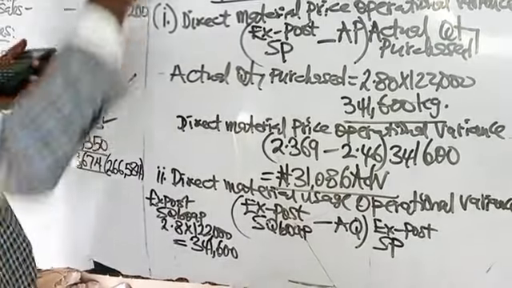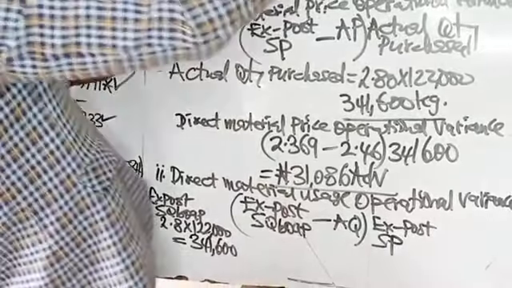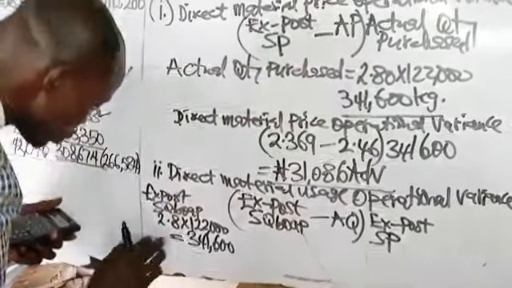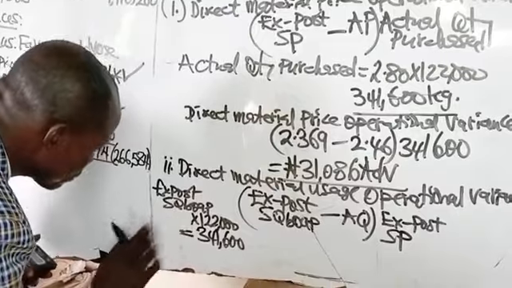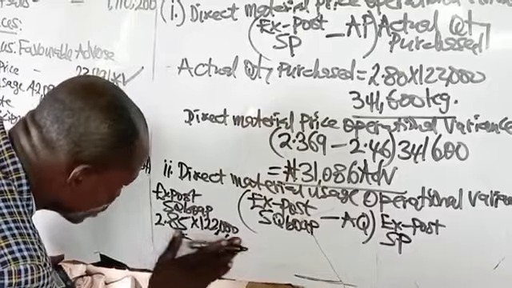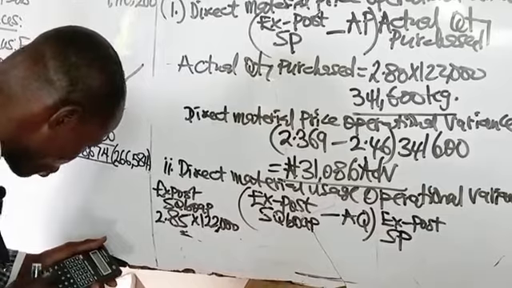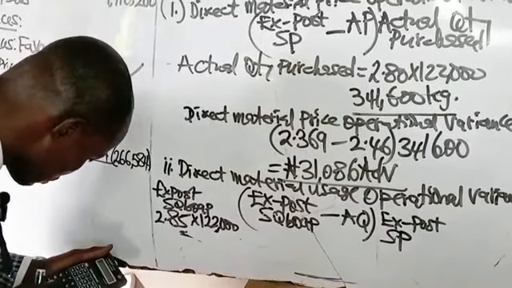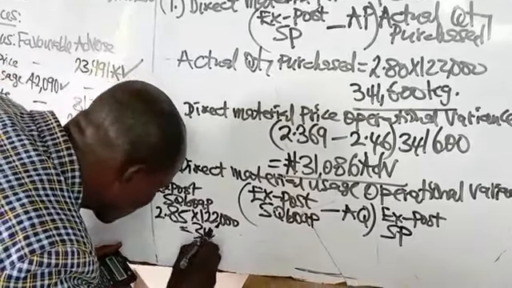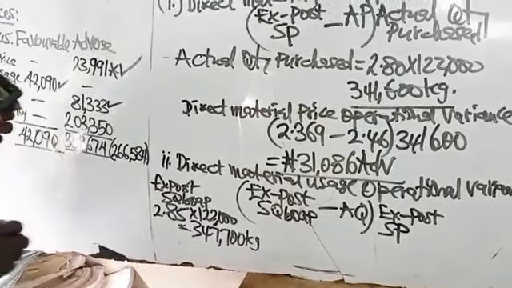Actual is 2.8, not exposed. Exposed is 2.85, so 2.85 times 122,000 gives us 347,700 kg.